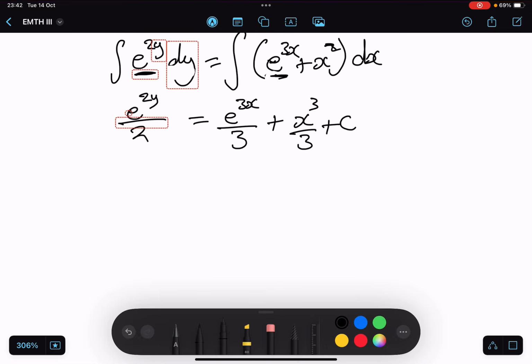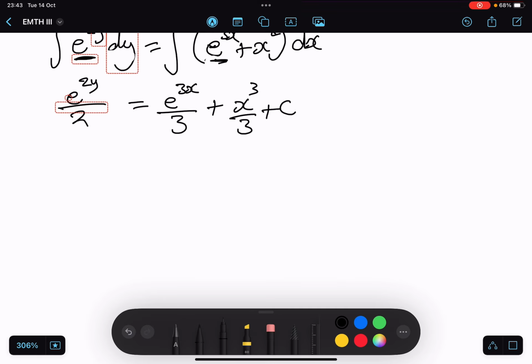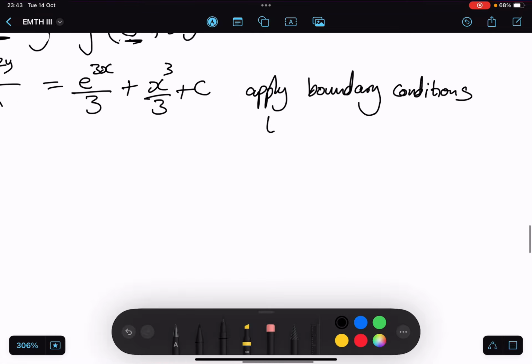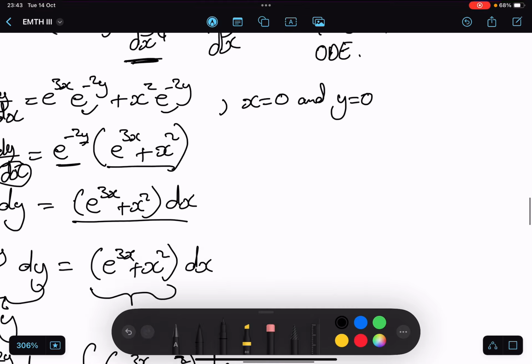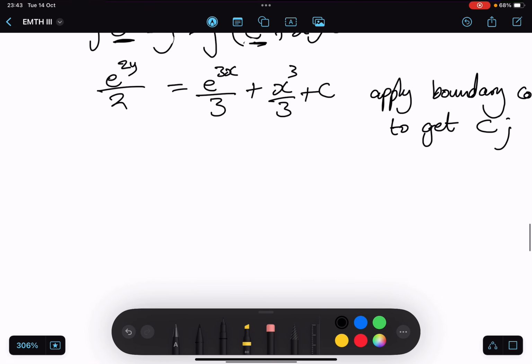So now we have integrated this equation. From here we apply the boundary conditions to get C, which is the arbitrary constant. We are given that x equals 0, y equals 0. So we substitute.